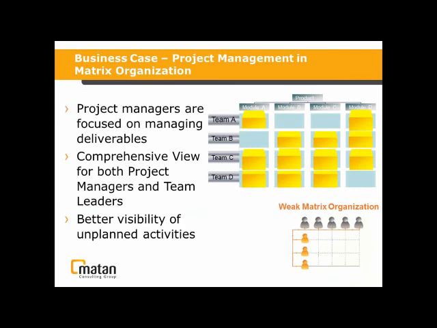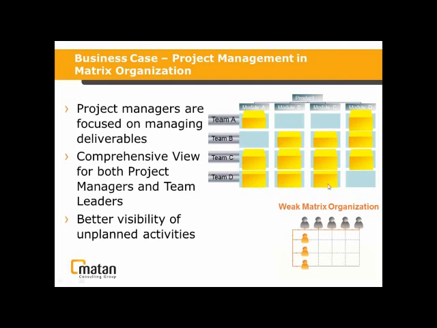So when you go into matrix organizations, you have two very important stakeholders. On the one hand, you have the team manager or the team leader. The team leader has a very important job. He gets work packages from the project managers, and he needs to deliver the work packages and the different deliverables to the project manager on time.